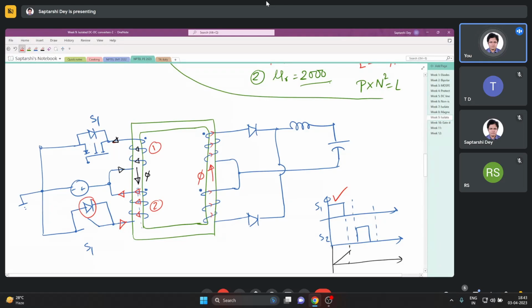But if you have a diode, which you generally have in practical converters, these parallel diodes, then the stored energy will flow back to the source through this diode. That is why we do not need a separate reset winding in case of a push-pull converter. Yes, go ahead.